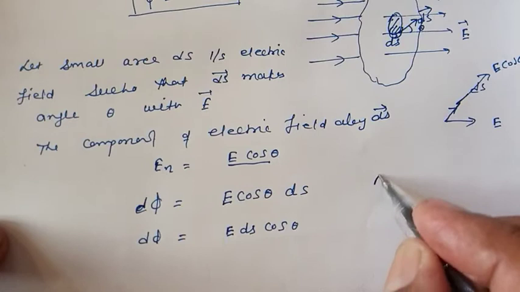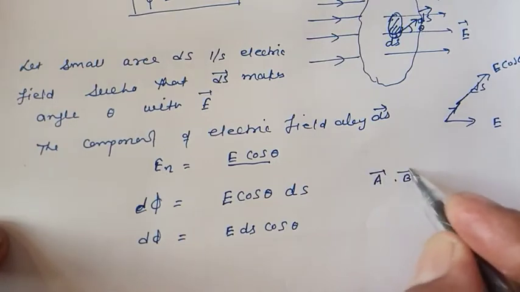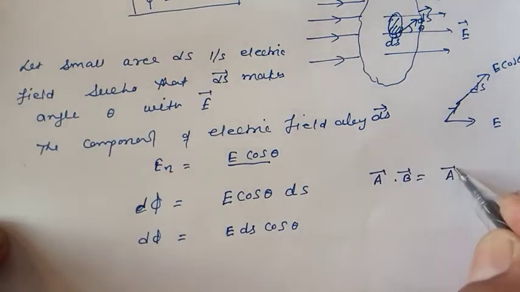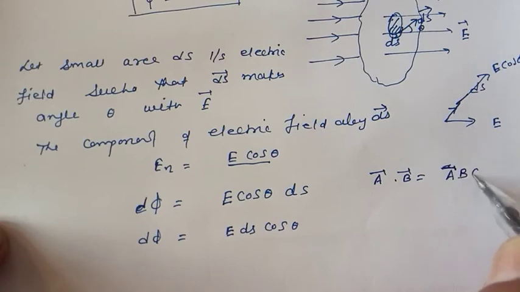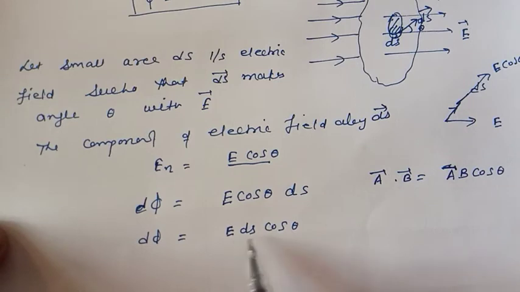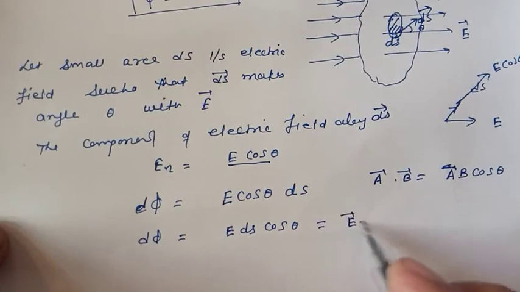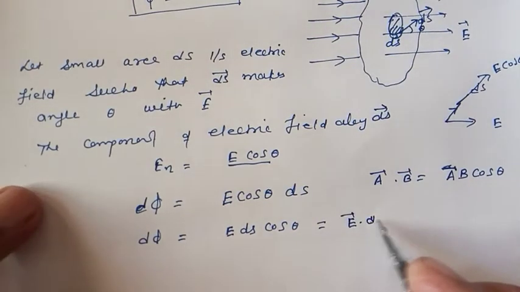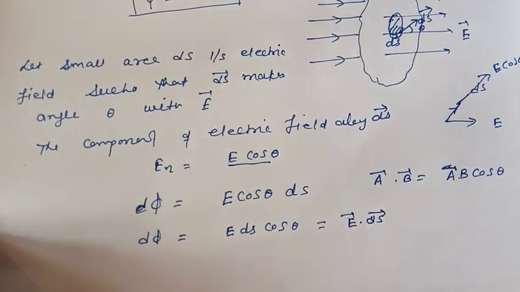So you know the dot product A dot B. What is A dot B? Magnitude of A, magnitude of B into cosine of angle between them. So same is here. It is A B cos theta. So it can be represented as E dot ds.